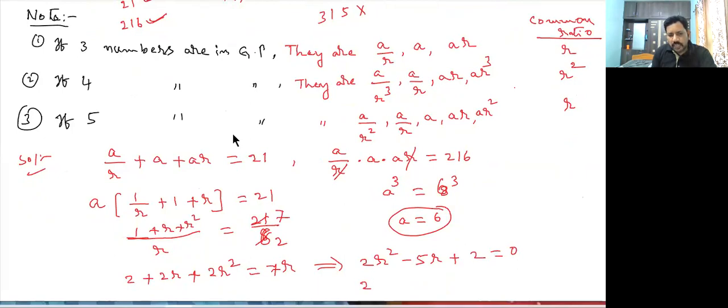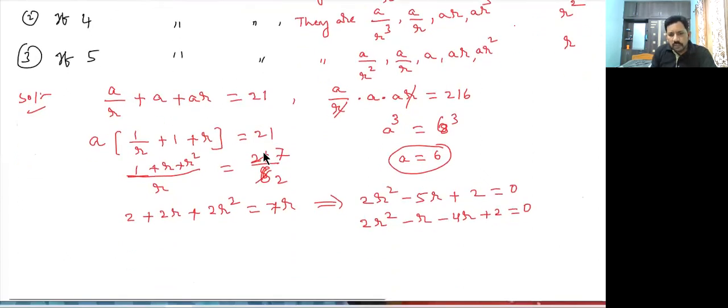This is a quadratic equation in r, split into factors. So you will get the r value easily. Here r is common, r minus 2, and 2 common, 2r minus 1.